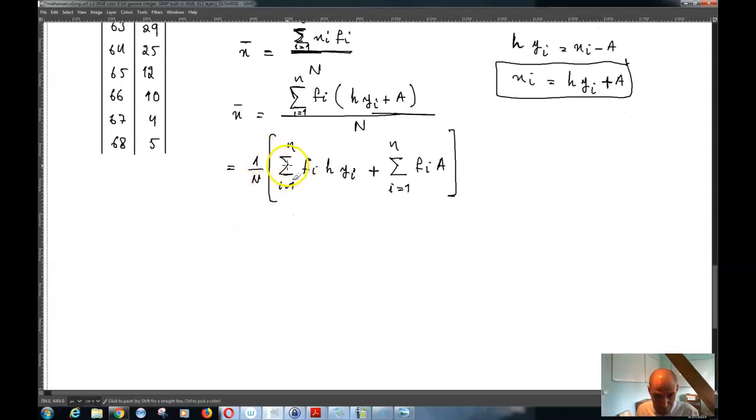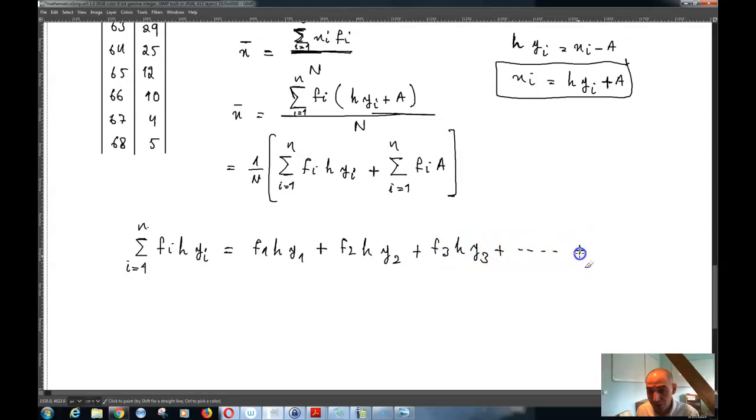For example, when you write sigma f of i times h times y of i as i goes from 1 to n, what that means is that i starts from 1, so you have f of 1 h times y of 1, and then you add the next term, which is f of 2 times h times y of 2, then the next term, f of 3 h times y of 3, and you go all the way up to when i is equal to n, where your term becomes f of n h times y of n.